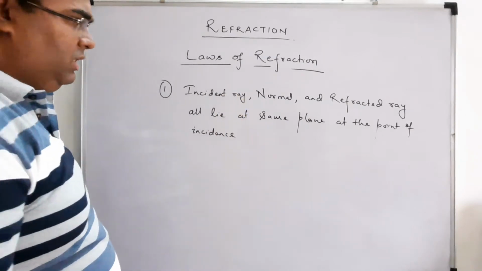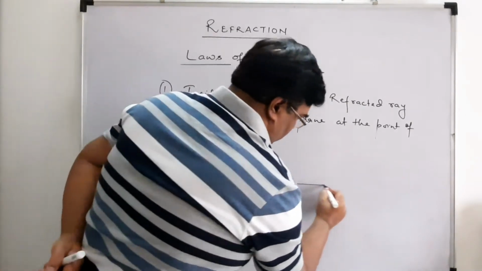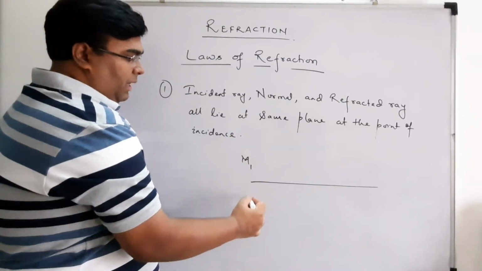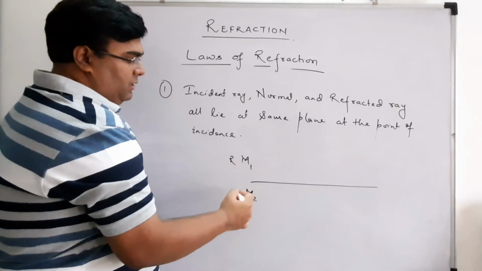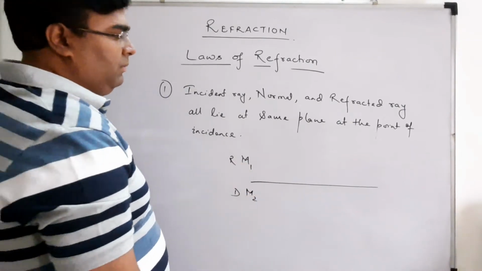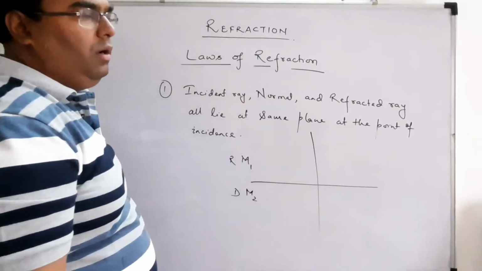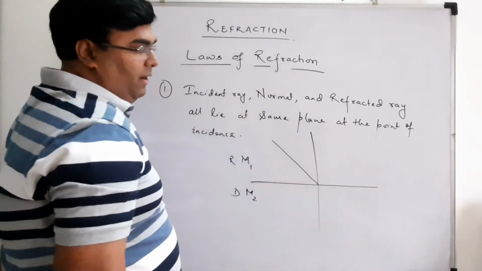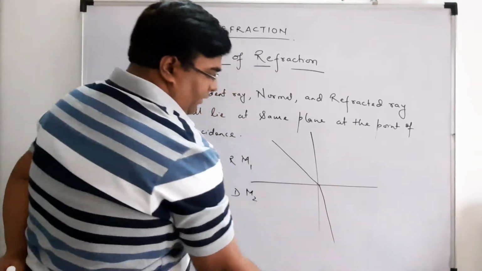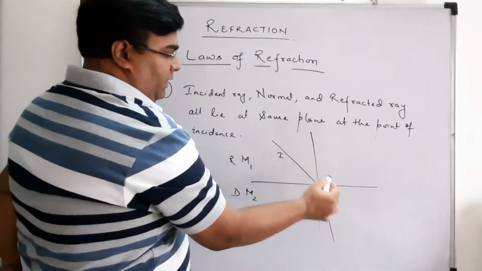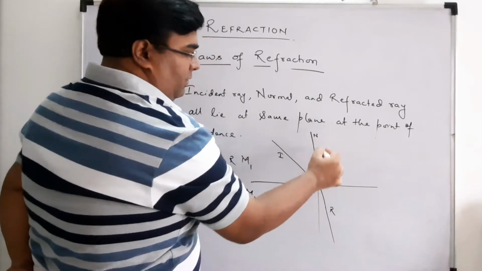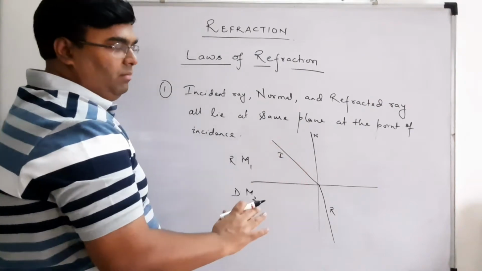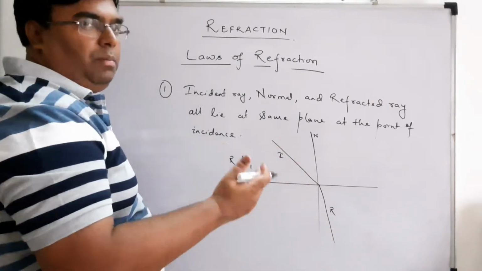Okay, what does this mean? Suppose this is my separating surface, this is my medium 1, medium 2, this is my rarer, this is my denser. Okay, and let's draw the normal. So suppose this is my incident ray and this is my refracted ray, so this is I, this is R, this is N. So all these three rays are in the same plane, they are not in different planes.